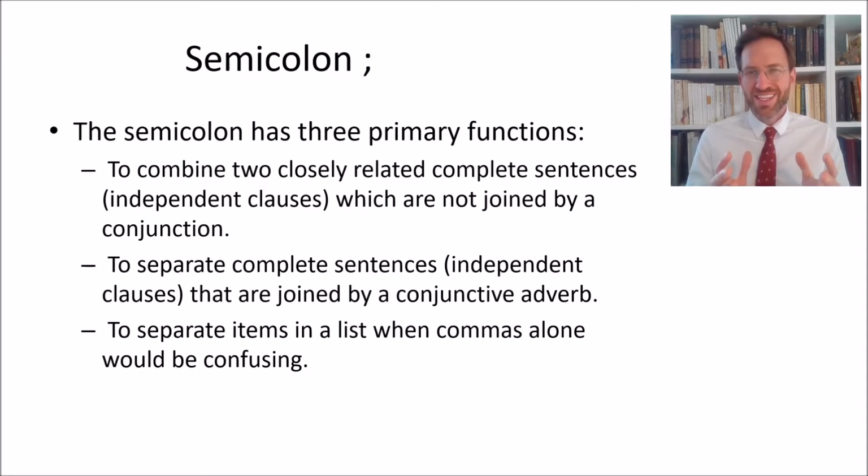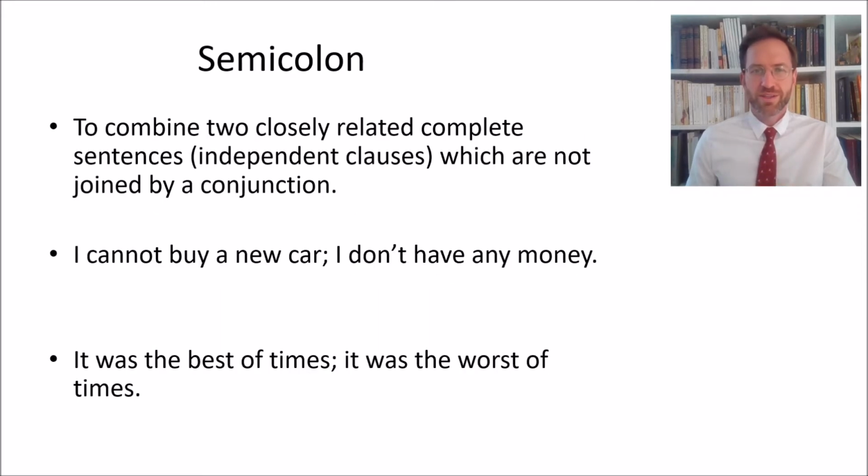A lot of the times that just sounds better, especially if you want it to read a little better. I like to cut out the conjunction at a semicolon at times. You can use it to separate complete sentences, independent clauses, that are joined by conjunctive adverbs. And you can separate items in a list when commas alone would be confusing. Let me go into those just a little bit.